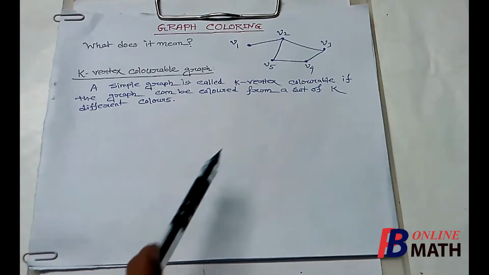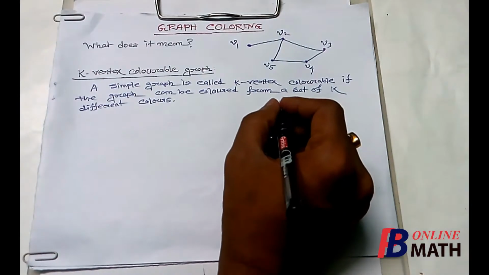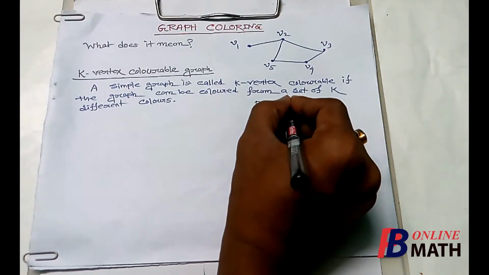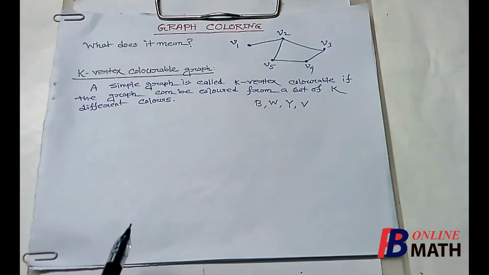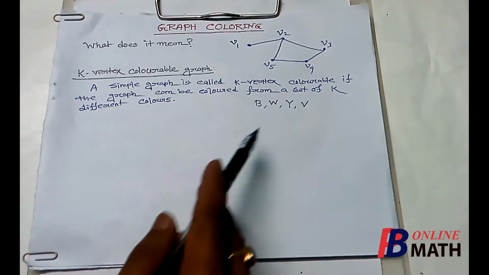As for example, if we consider this graph, suppose we have been given 4 different colors: blue, white, yellow and violet.